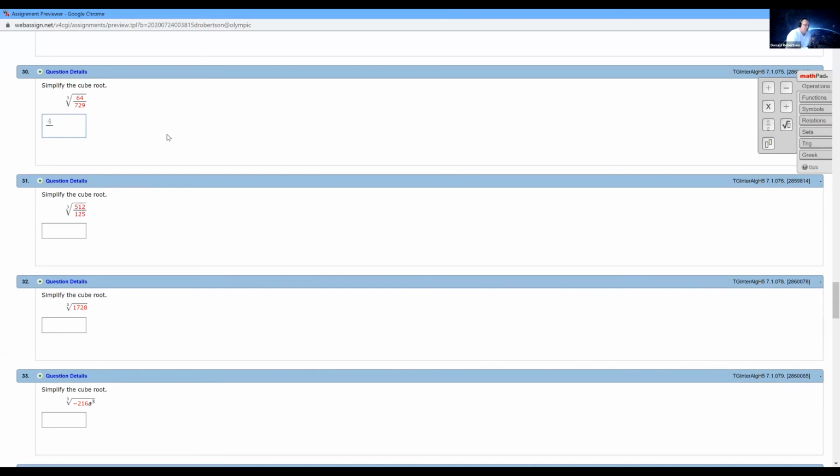And I do not know what the cube root of 729 is because I've never memorized all the cube roots in the world. Is it 9? Yes.